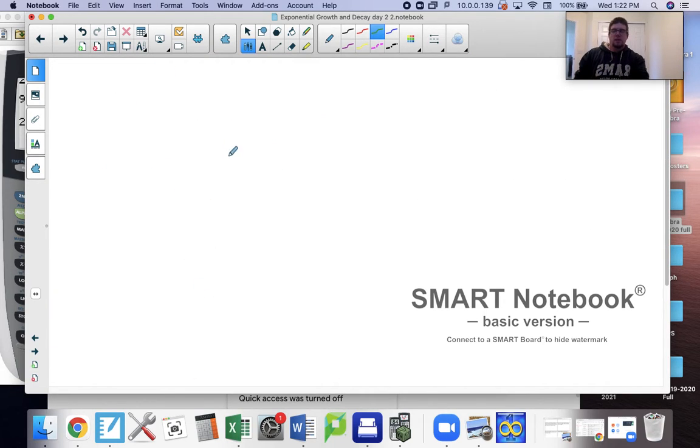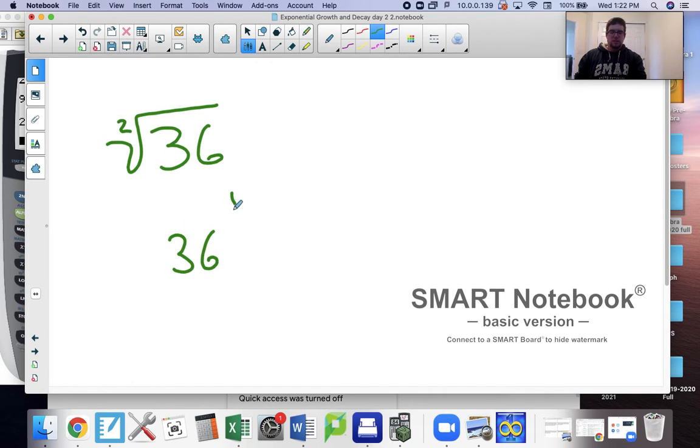So again, on your calculator, if you want to take the square root, you could take 36, and type into the calculator 36 to the 1/2 power, and both those answers would be 6.